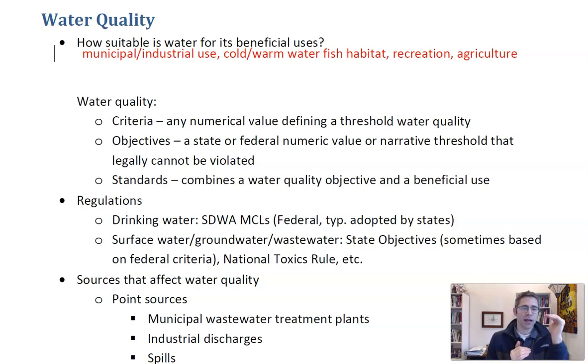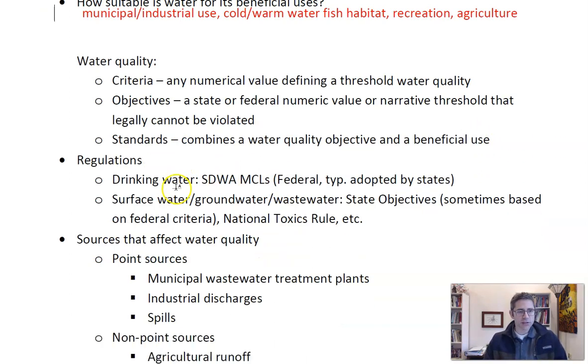And we're going to say that the water quality standard is that we can't violate 10 milligram per liter as N in order to protect the municipal and industrial beneficial use. So if a water body had that beneficial use assigned to it, then you could not violate the objective. Otherwise, you'd be violating the water quality standard. Okay? So just some definitions.